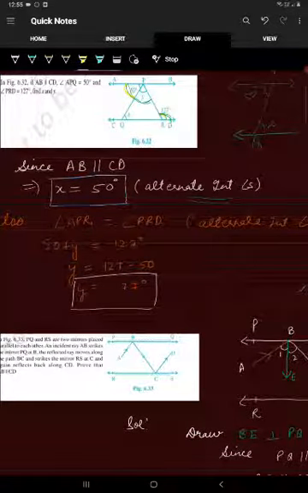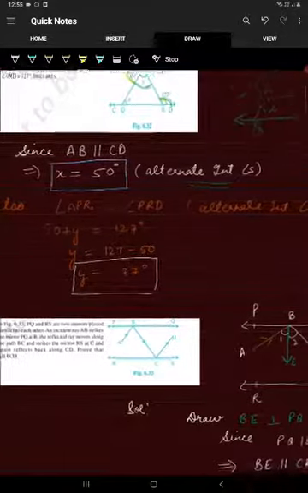Therefore, the measure of angle APR is the sum of the two angles, 50 and y degrees. So 50 plus y must be equal to 127 degrees. Finding the value of y from here, we get 77 degrees. This is the easiest question because the concept we used here is alternate interior angles.